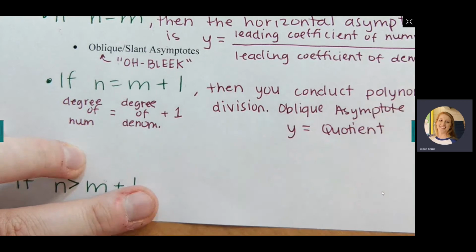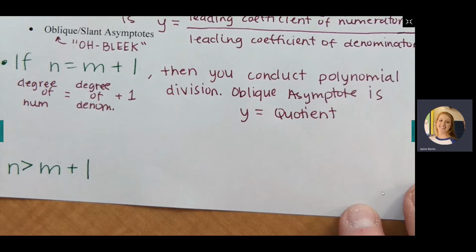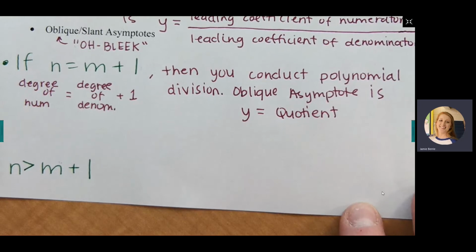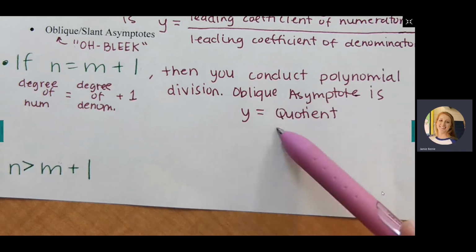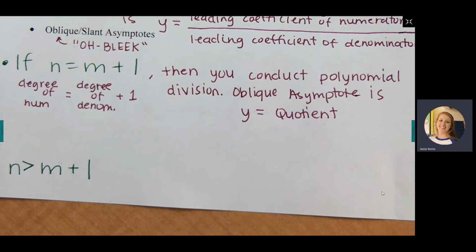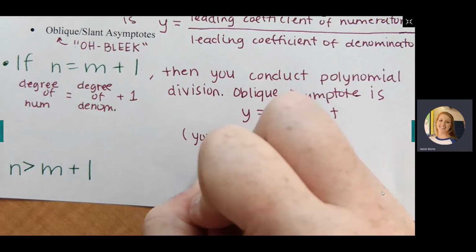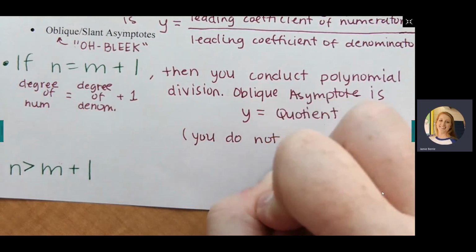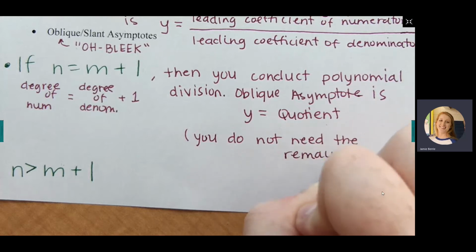You do not care about the remainder. You only care about the quotient. I'm going to show you how you can use synthetic division on both of these examples just to make it quicker for you. And then your answer is going to be y equals the quotient. Don't forget the y equals there. It's very important. Y equals the quotient. And then down here we'll just put you do not need the remainder.